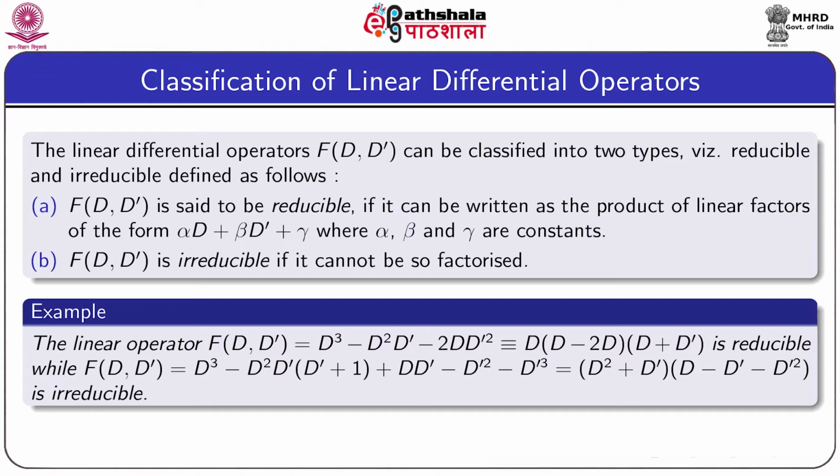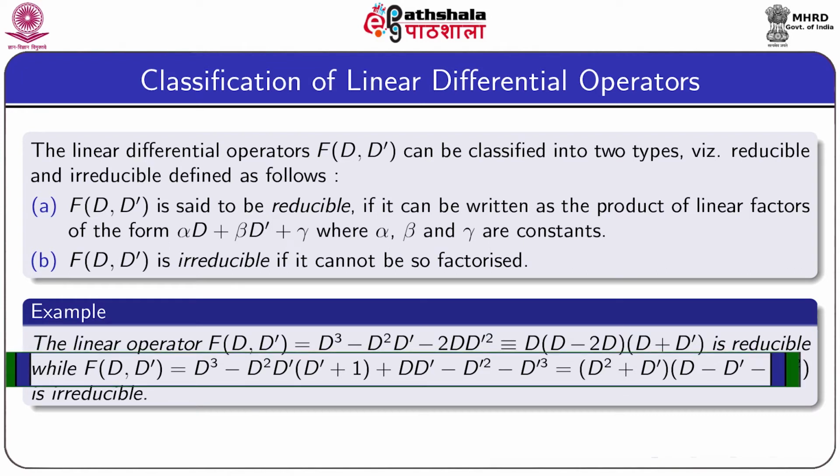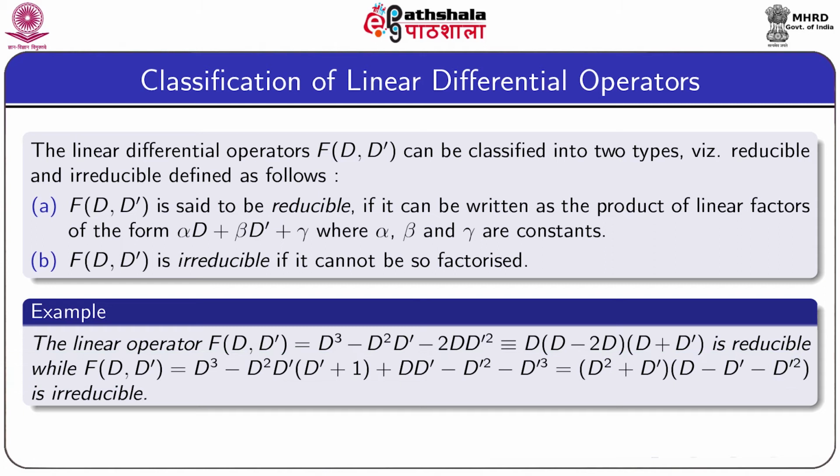So, this F is reducible. But if we take another F, where capital F equals D cubed minus D squared D' into (D' plus 1) plus D' minus D' squared minus D' cubed, and we factorize this F, we get two factors, which are written here: (D squared plus D') and (D minus D' minus D' squared).